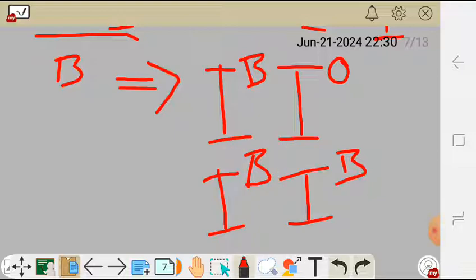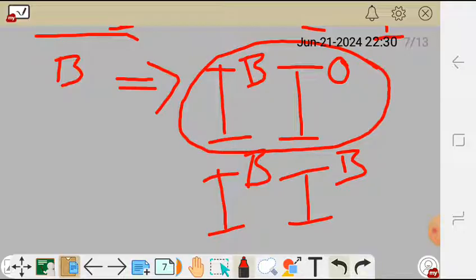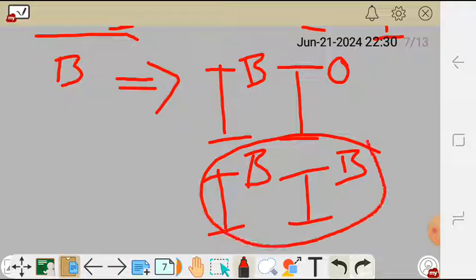So for blood group B, you can only have B and a carrier gene of O, or you can have this genotype.